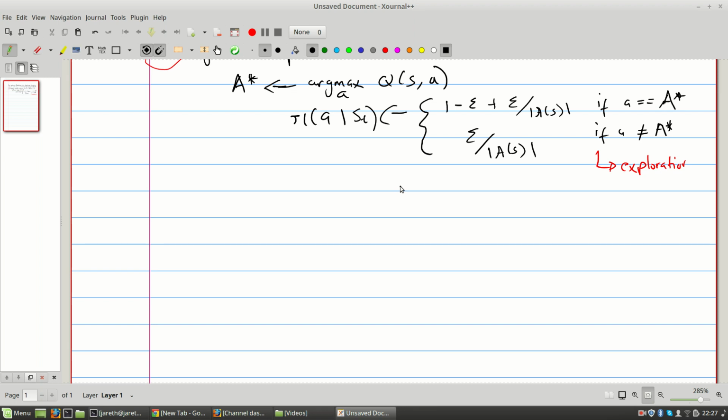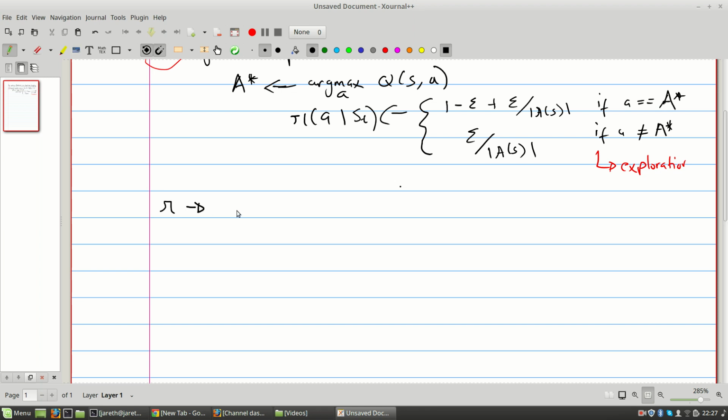So what off-policy methods say is, why don't we use two policies? One that is learned about and eventually becomes the optimal policy, and one that is more exploratory and used to generate behavior.